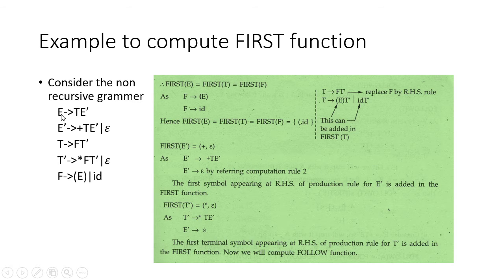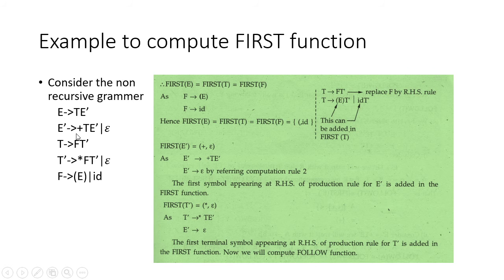So the first of E will be the first of T. Again, if you go to T, you can see that T derives F, so first of T is first of F. Again, if you go to F, you can see the first of F is the bracket and ID. So first of E is first of T is first of F, which is bracket and ID.